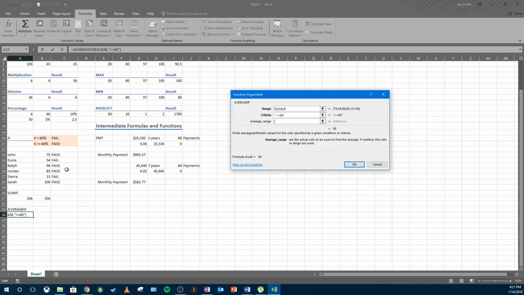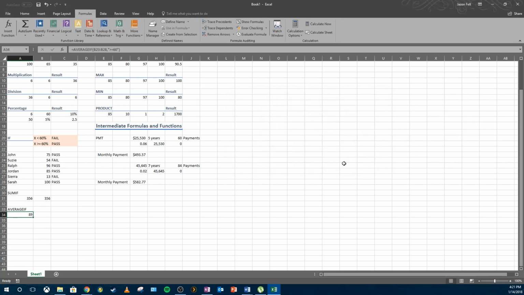Okay, and it's going to show that it's going to be an 89 average. So what that means is all of the passing grades, I have an 89 average, and I could show that by doing AVERAGE, comma, comma, and it would kind of do the same thing.